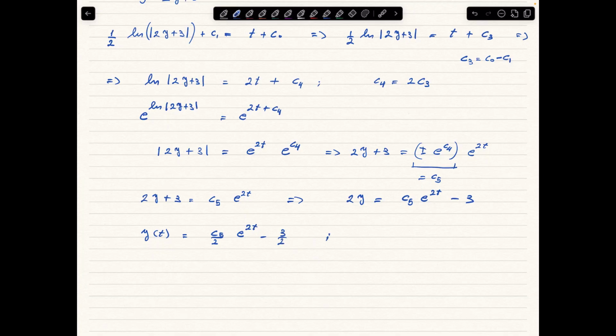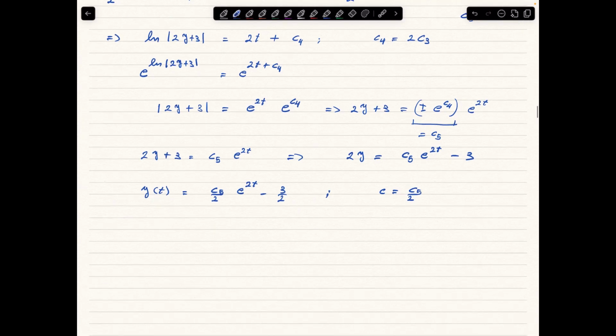Of course, we can call C6, or just simply C, a constant, which is C5 over 2. And here is our general formula for all solutions of the differential equation, which is a constant times exponential 2t minus 3/2.